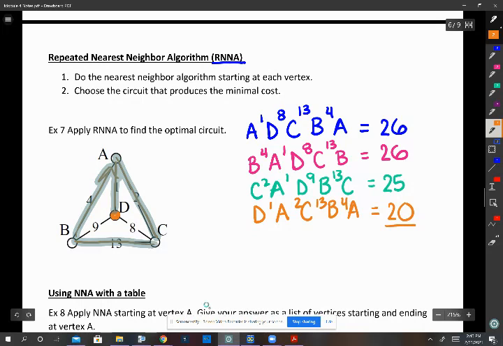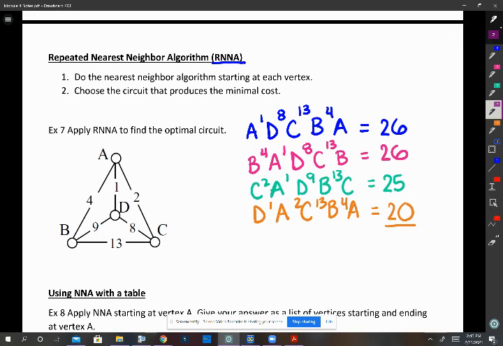Now, usually what happens is once you get to that point, then they ask you to write the circuit starting with a specific letter. And so that's where we usually run into problems, because you have to do this process in order to get which circuit is the shortest. But when you put it in the computer, they'll make you rewrite the circuit.